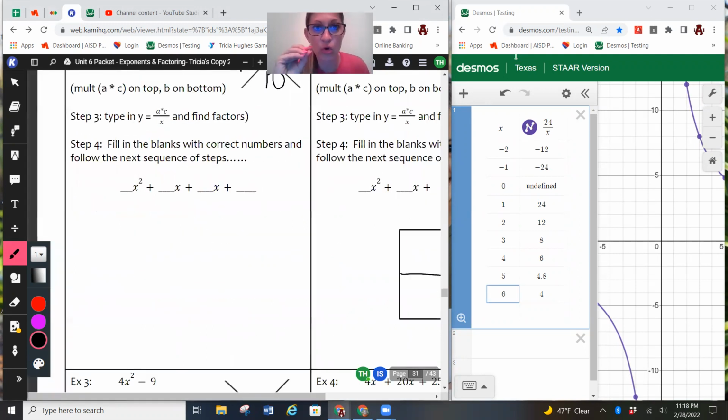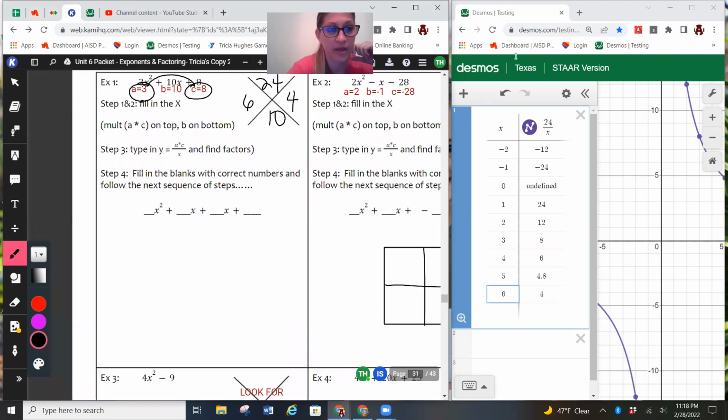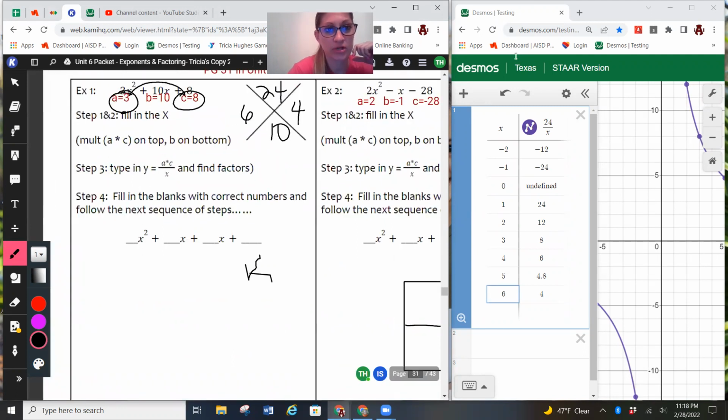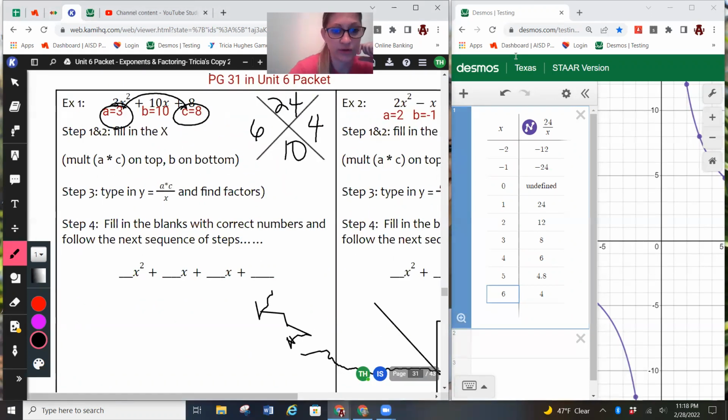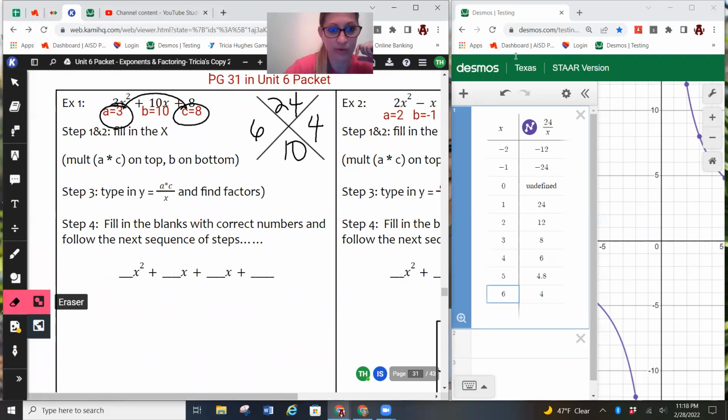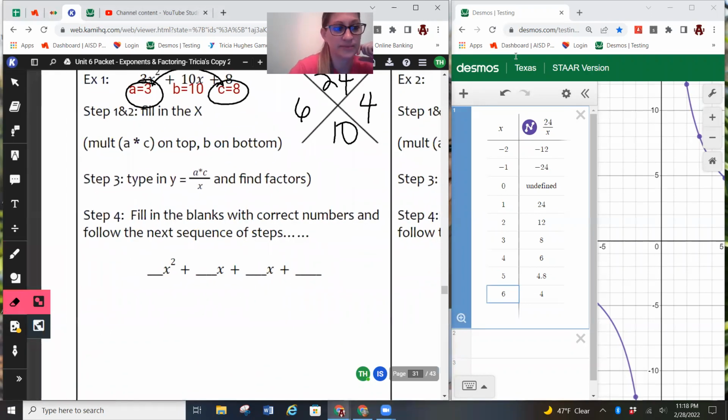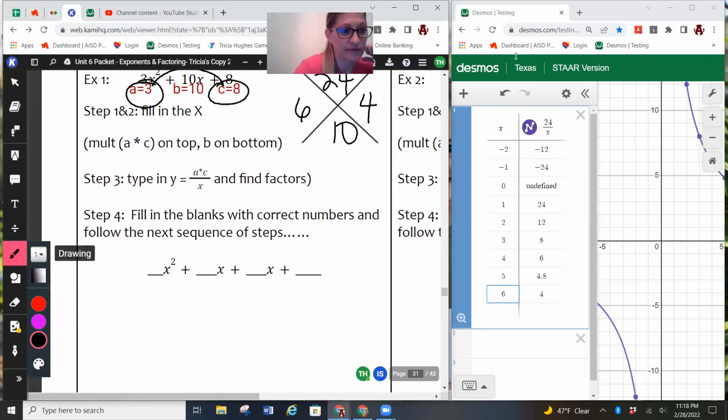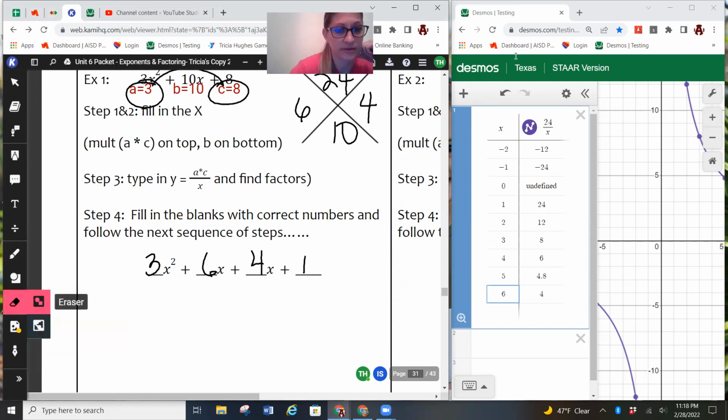Okay, remember the goal is to factor it using 2 sets of parentheses. So what I'm going to show you right now is let's fill in. We have 3x squared, we had 6x plus 4x, and 8.